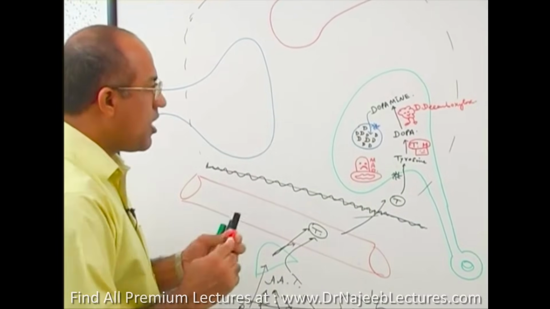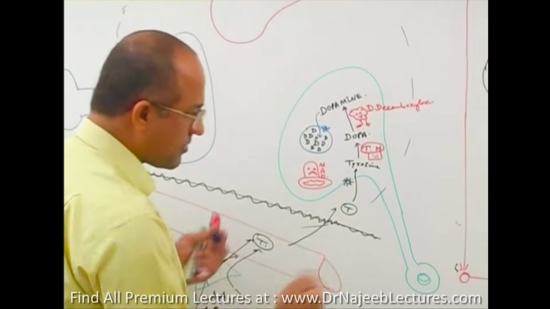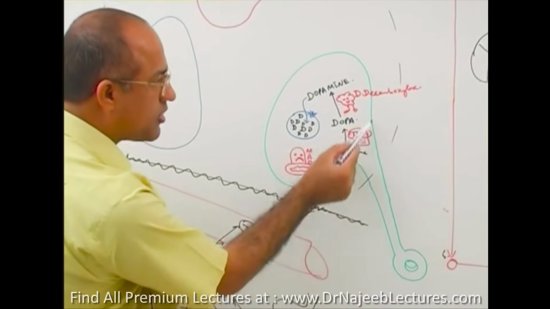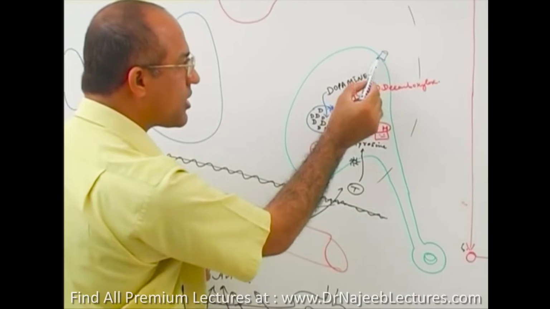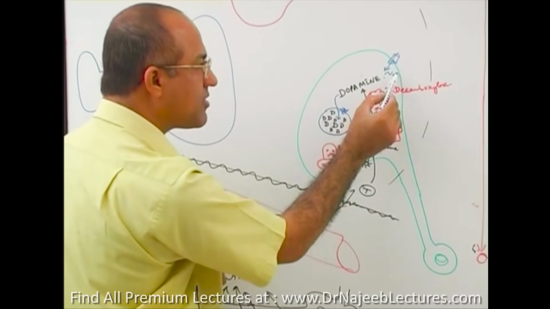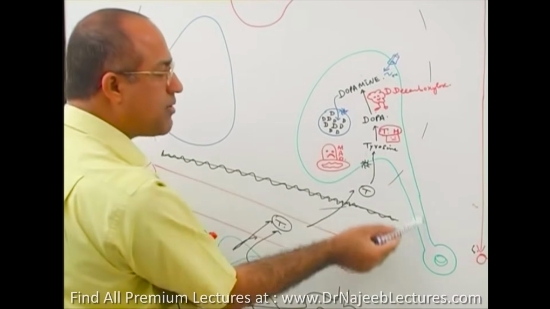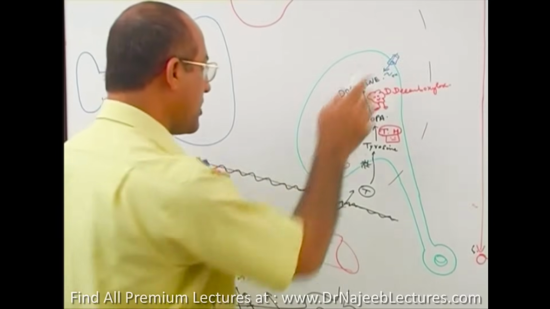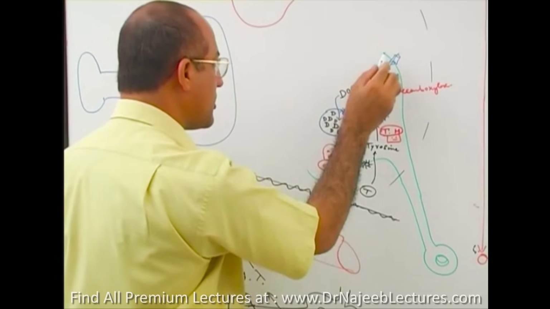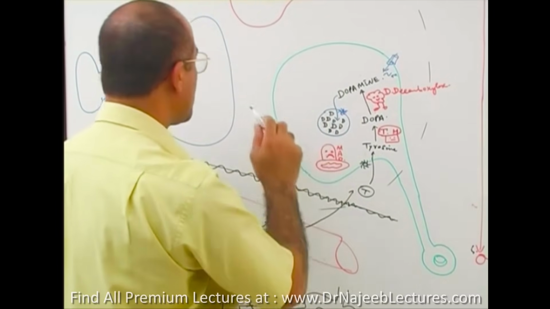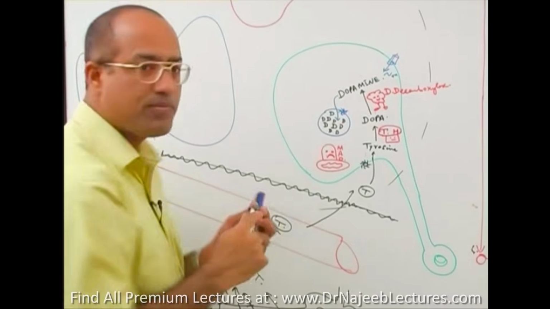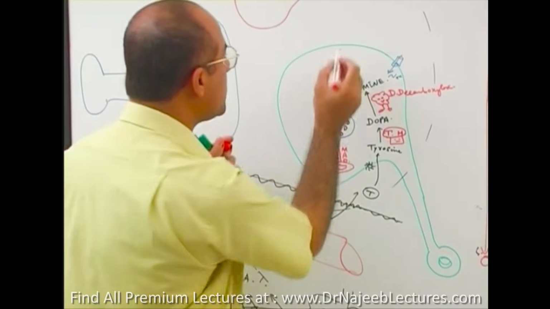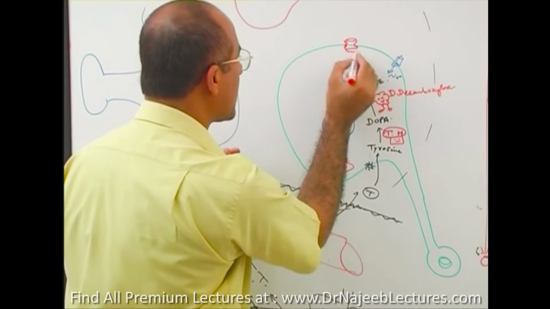Now, when an action potential comes, when the action potential is moving on this neuron, of course, it leads to depolarization and sodium influx. But when this wave of depolarization reaches the nerve terminal, there are depolarization-sensitive calcium channels.